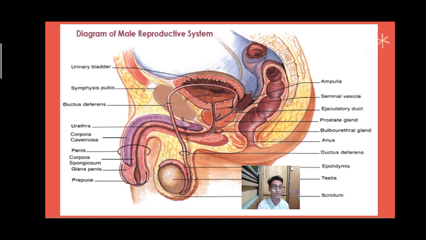During sexual intercourse, the penis deposits the seminal fluid and the sperm, what is called the semen.